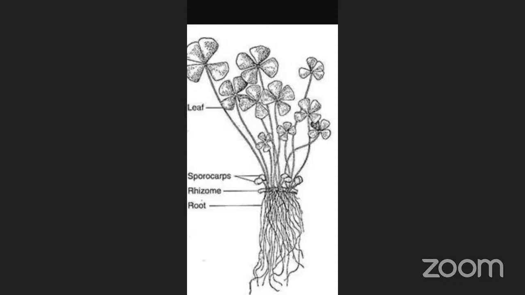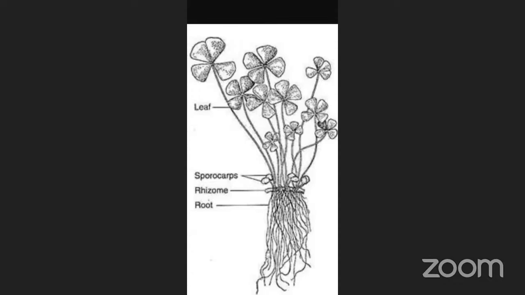Next is the leaf. In Marsilea the leaves are very specialized. They are pinnately compound leaves with long petioles. These are alternate and arranged in two rows on the dorsal side of the rhizome.